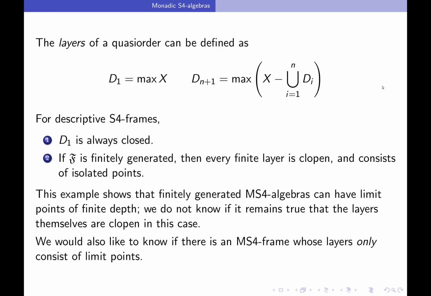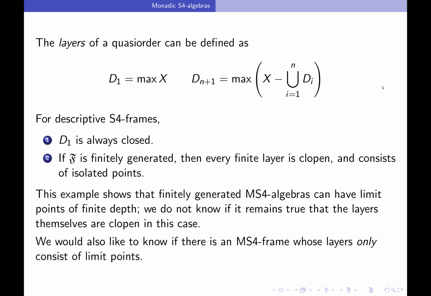That's totally possible. It turns out they will in our context. So some of these layers may be empty for a random quasi-order, but you can still define them, right? You can take the maximal points and then throw those away and look at the maximal points of what remains, and so on.